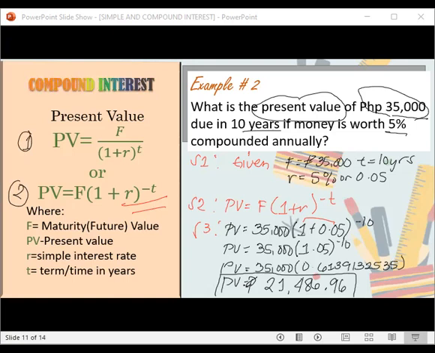In 10 years, kapag yung money niya is compounded annually by the rate of 5%, magiging 35,000. So that is the final answer for example number 2.